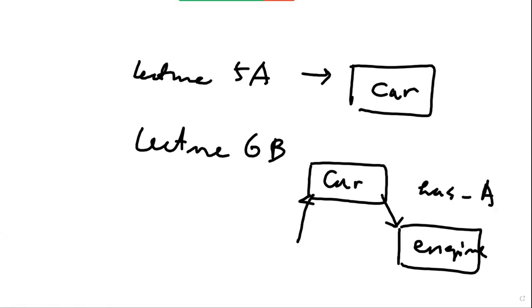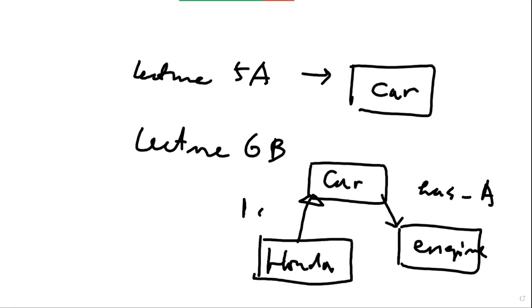And there is one kind of Honda car, so a Honda car is a kind of car. I'm sorry, that is 5B. Chapter 5B is on the class-to-class relationship. Chapter 5 is single class design issues.